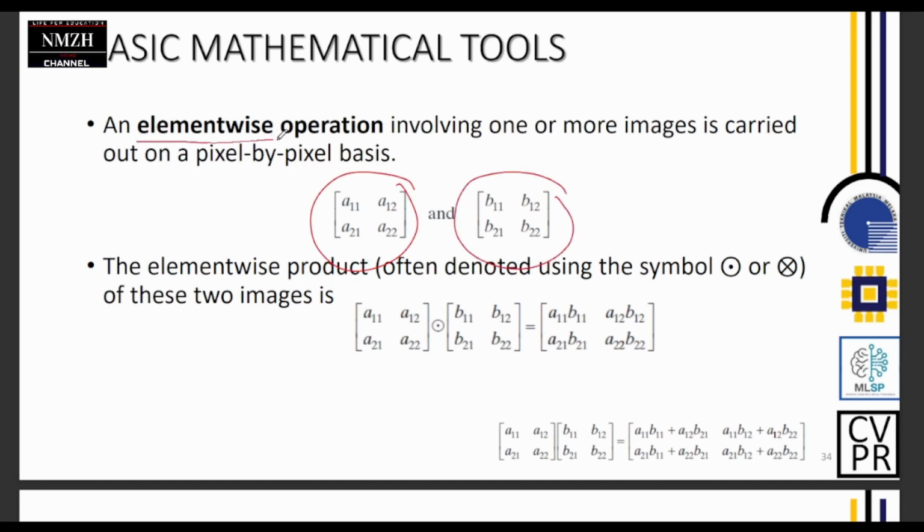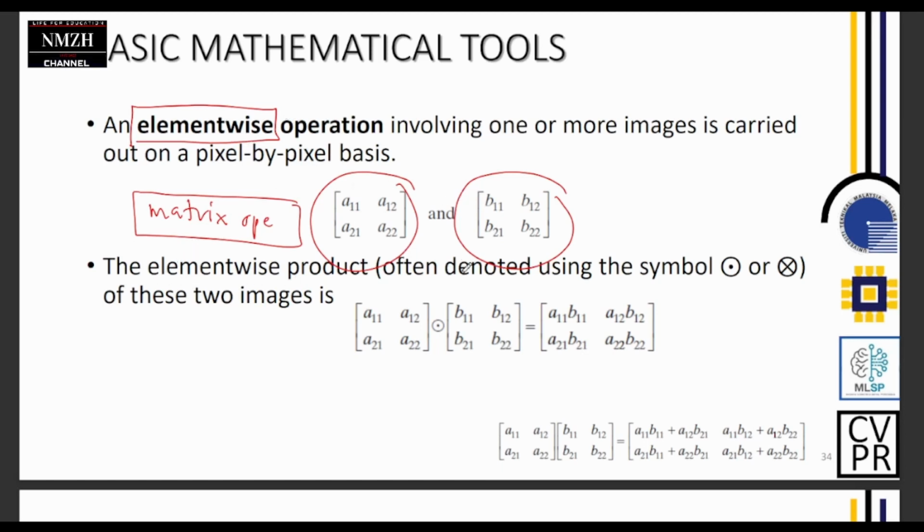So we have element-wise operation and we have the normal matrix operation. So be careful about this. Most and the majority of what is discussed here is element-wise operation.